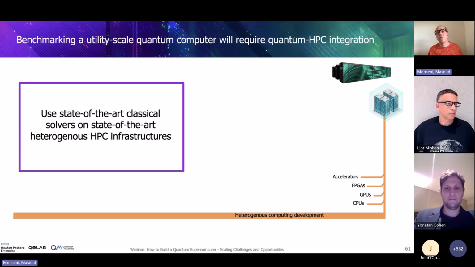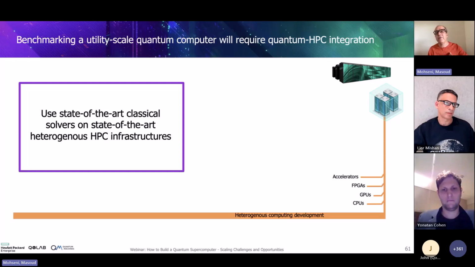So as a baseline, you need to run the state-of-the-art classical solver on state-of-the-art heterogeneous HPC infrastructure, including physics-based classical computing accelerators like FPGAs and custom-designed ASICs, and those could give you even 5 orders of magnitude improvement over the naive baselines that people consider digitally on CPUs.